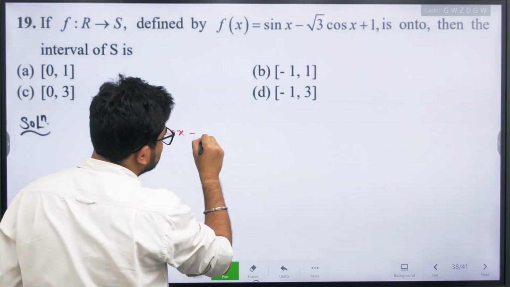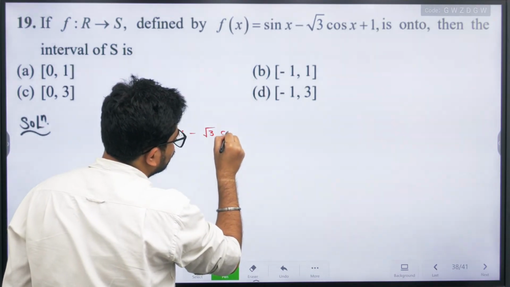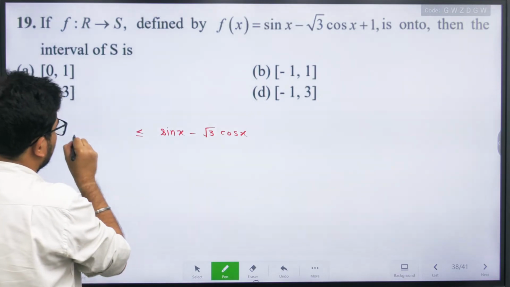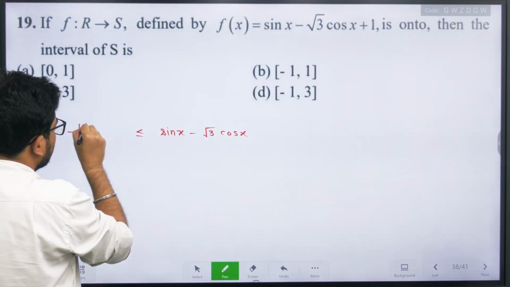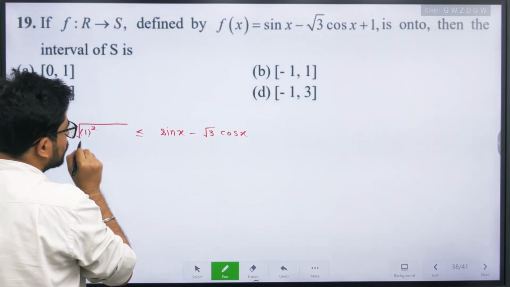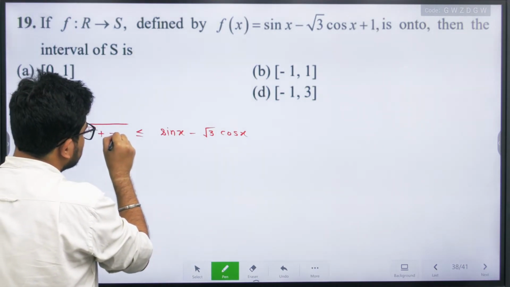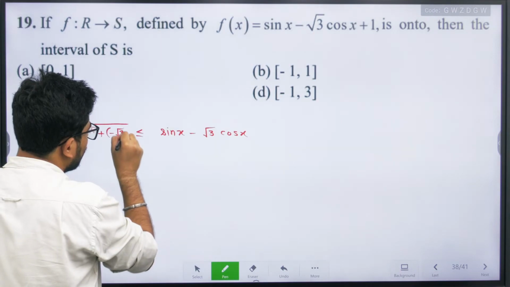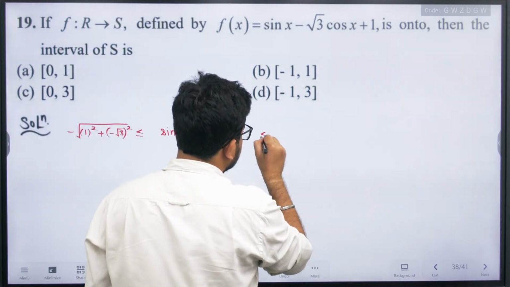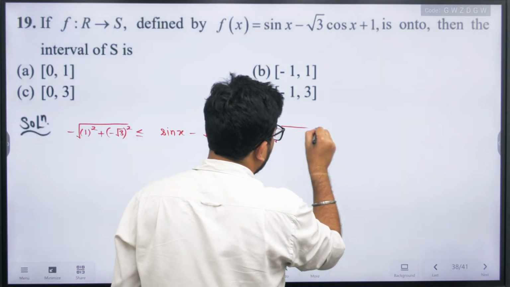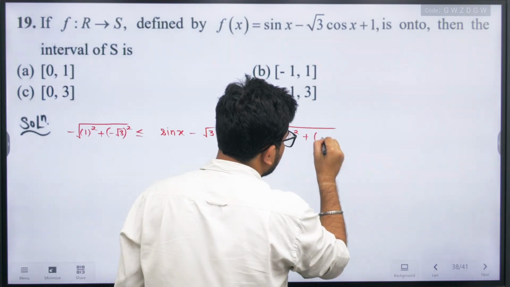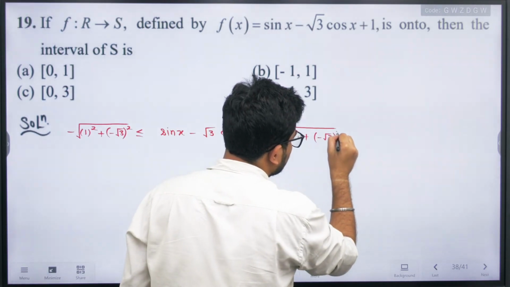Sin x minus root 3 cos x is always greater than or equal to minus under root of 1 square plus minus root 3 square, and this thing is less than or equal to under root of 1 square plus minus root 3 square.